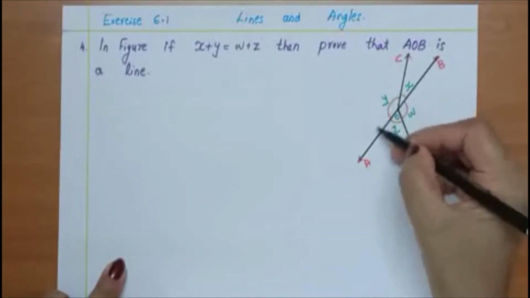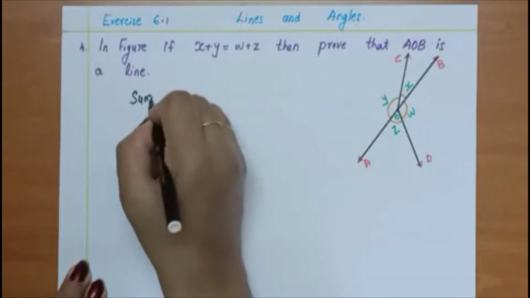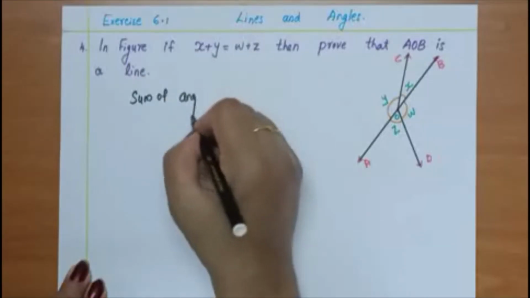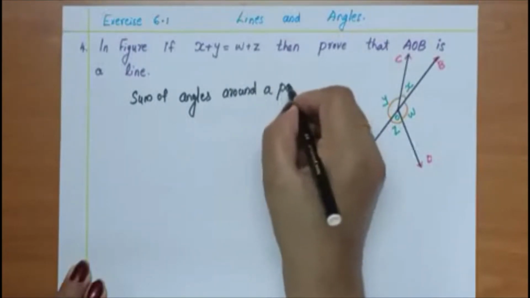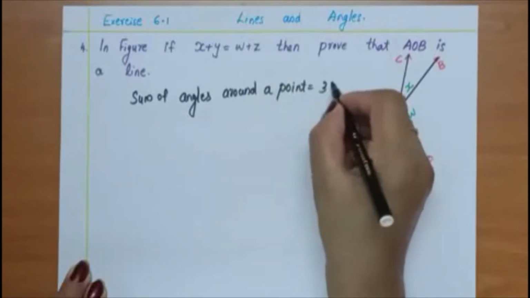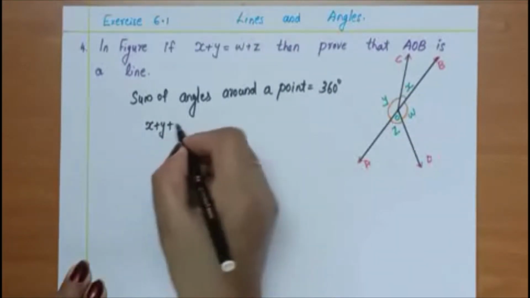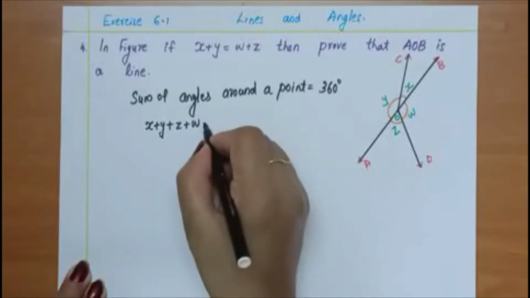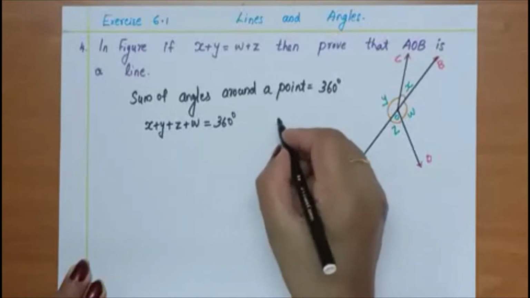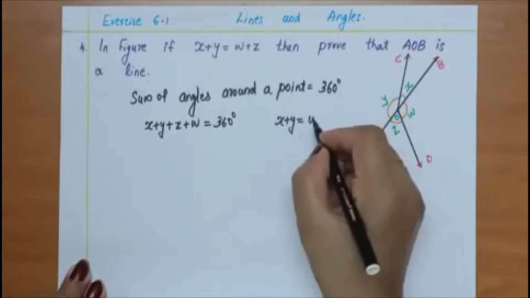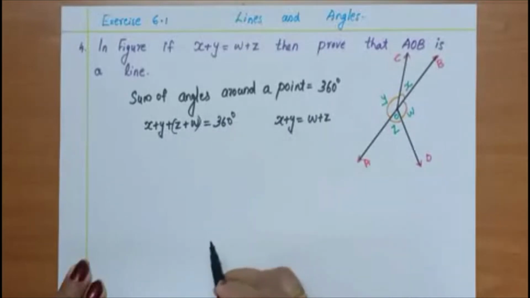We know that the sum of angles around a point is equal to 360 degrees. That means x plus y plus z plus w equals 360 degrees. Given that x plus y equals w plus z, instead of z plus w, we can write x plus y.